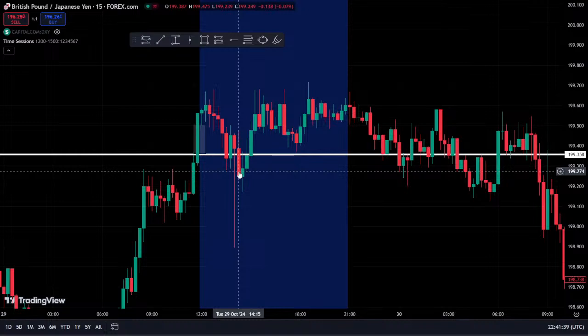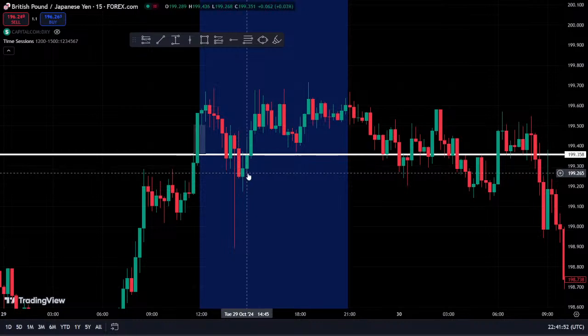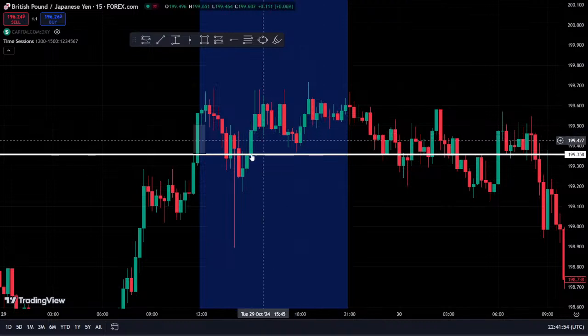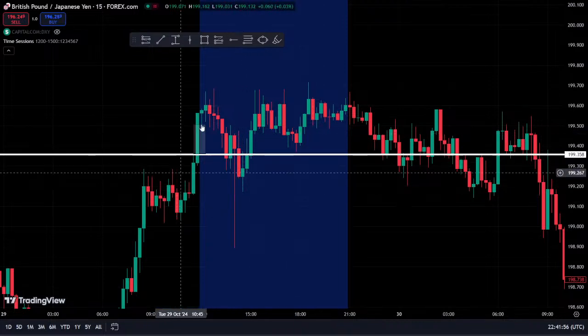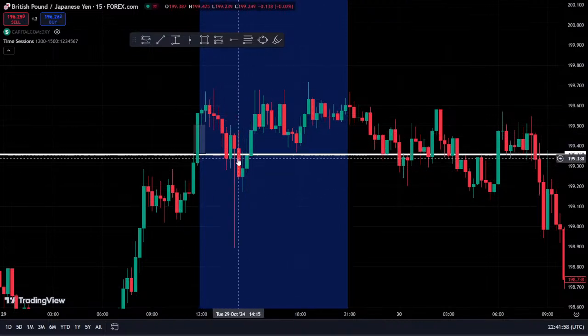Some people would have traded off that. See, this is the thing. You could trade, not considering any of these candles, but from this point on, because as you can see, liquidity sweep, then this is a breaker structure, and it's going down now because it's a downtrend.